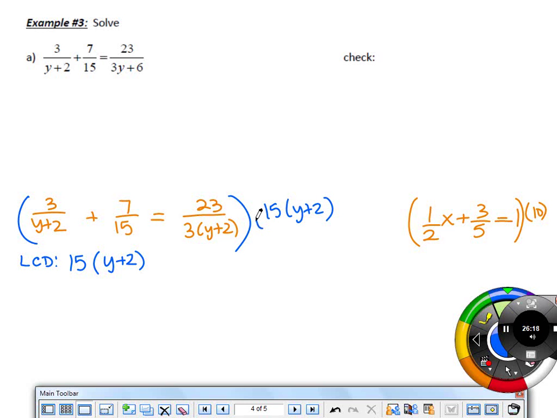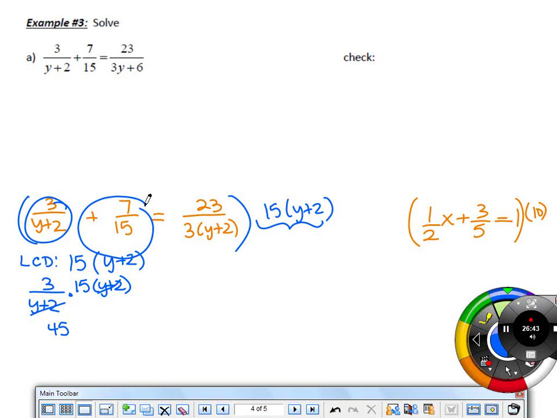When this quantity goes and multiplies the term of the equation, in other words, this fraction gets multiplied by the 15 and the y plus 2. The y plus 2 cancels out, okay? And I'm left with 3 times 15, which is 45. Okay? Then I take that whole quantity and I multiply it times the second fraction in the problem, okay?